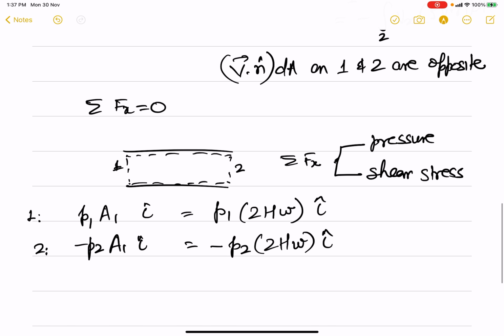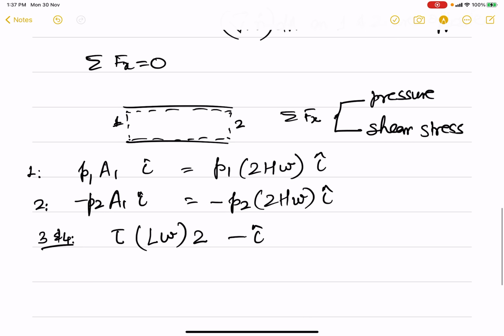Now on surfaces 3 and 4, let us combine. The total force will be shear stress multiplied by the area. Area will be equal to L times W times 2, and this will be in the minus i direction. So shear stress on the wall times L times W times 2 into minus i.